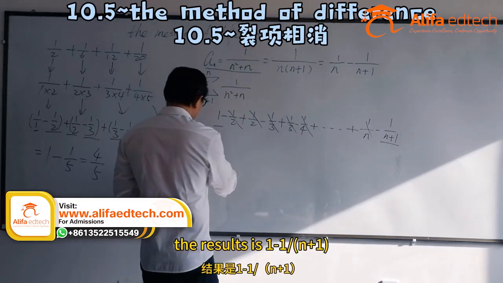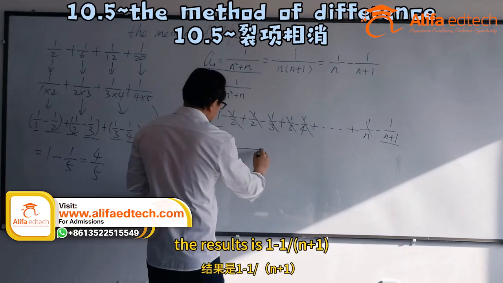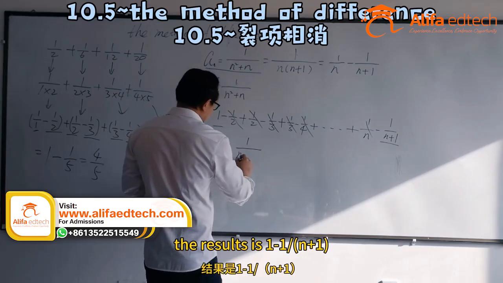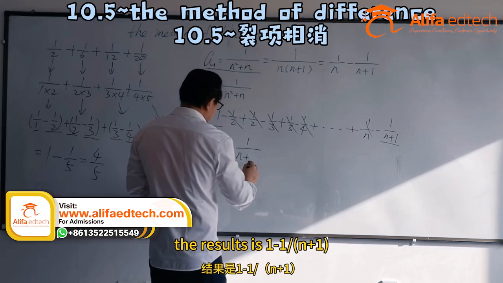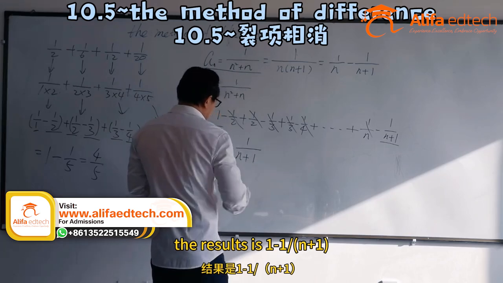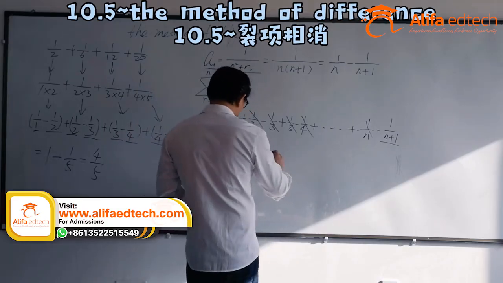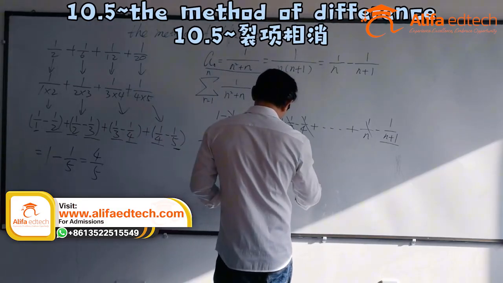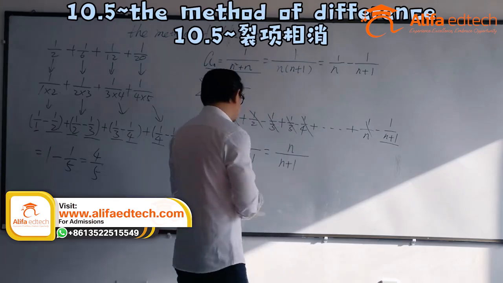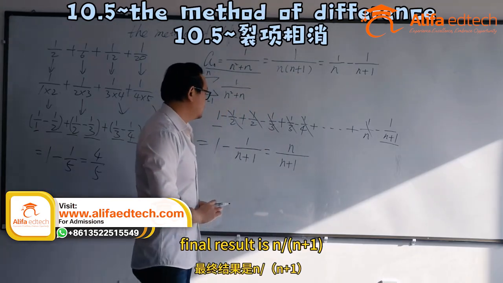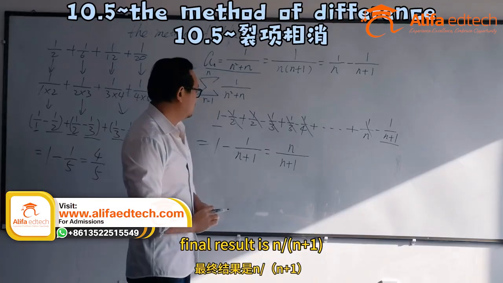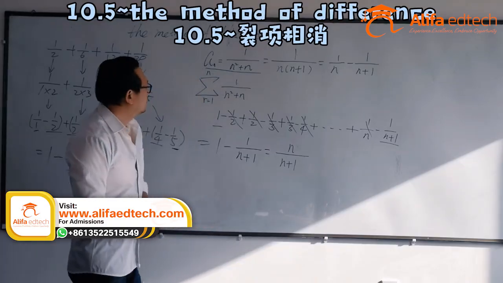So the result is 1 minus 1 over n plus 1. The final result is n over n plus 1.